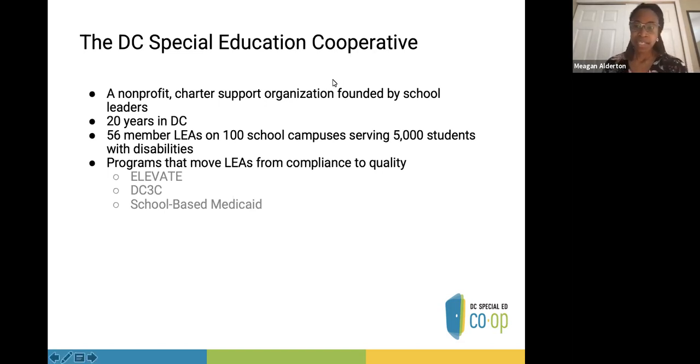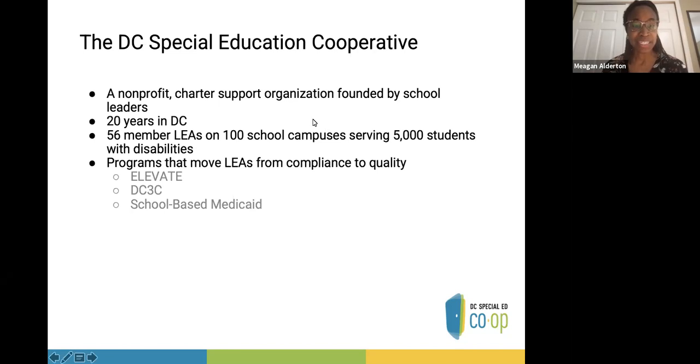To start, we always like to share a little bit about us. If you are unfamiliar, we are the DC Special Education Cooperative. We're a nonprofit that supports charter schools. We were founded by charter leaders who realized there were a lot of reasons not to reinvent the wheel, and to work together to strategize and implement processes, particularly on how we serve special education students in the District of Columbia.